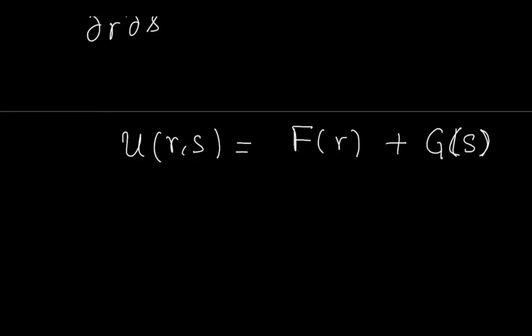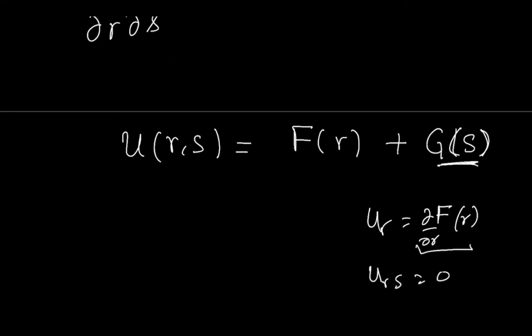If you calculate the derivative with respect to R, U_R, you're going to get the partial derivative of f with respect to R. This is going to be 0, but this is a function of R only. If you take S, you're going to get this.